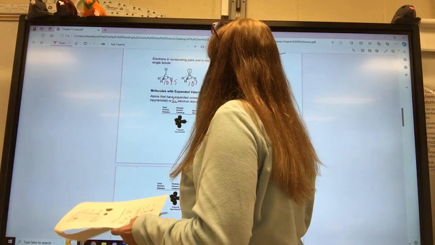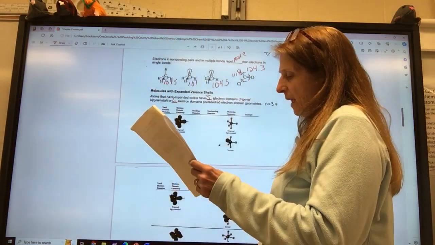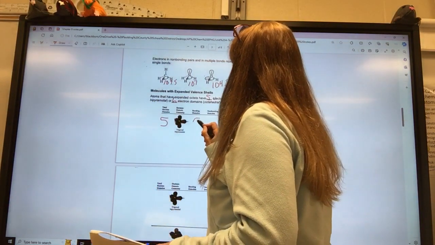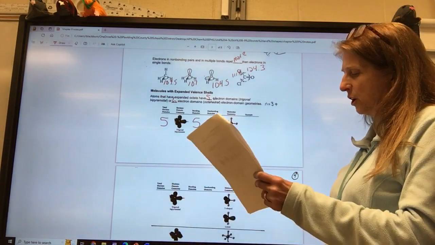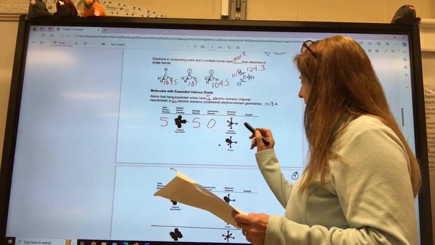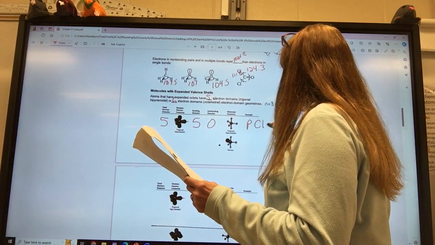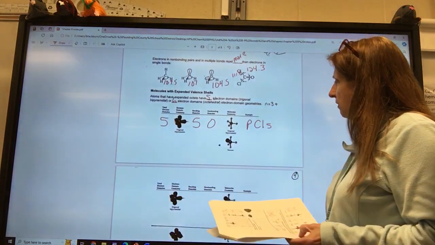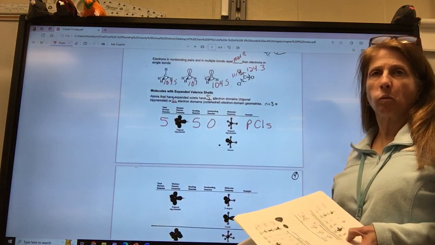If you have 5 electron domains, you could have 5 bonding domains and 0 non-bonding domains, and we get the trigonal bipyramid. The example of that is PCl5, phosphorus pentachloride.